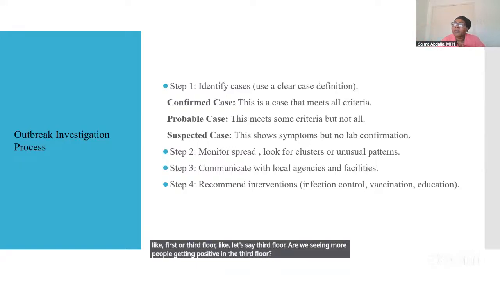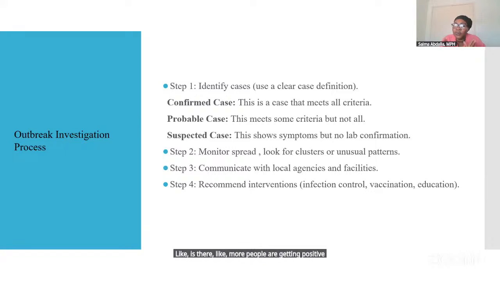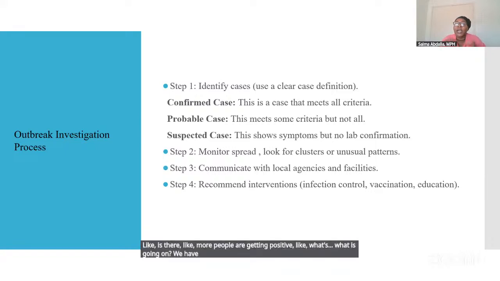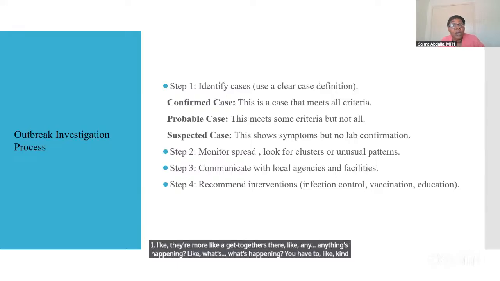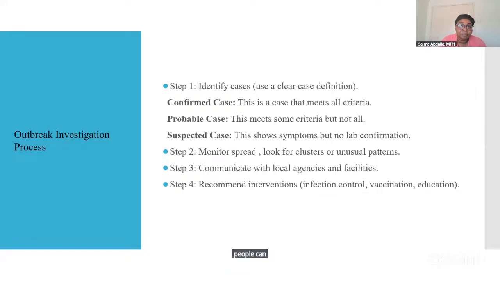We have to see why it's happening. Are there more get-togethers there? We have to see the trend and why it's happening, so that long-term care facilities can see how to stop it.